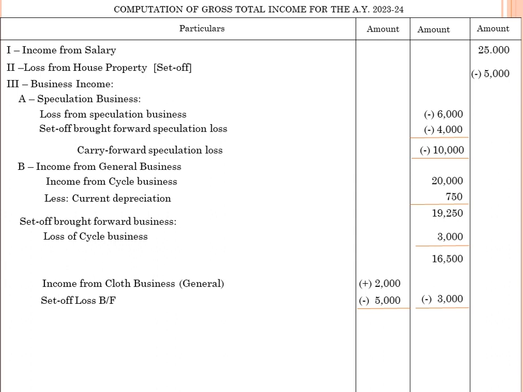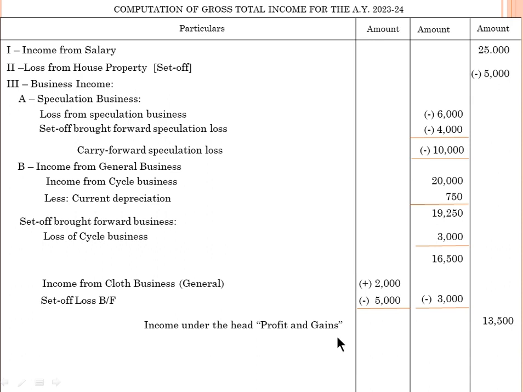That 3,000 cloth business loss we need to adjust with the cycle business income of 16,500. Why should we adjust? As per the provision of intra-head set off, we should adjust. So what is the remaining balance? The balance 13,500 we call the income under the head profits and gains of business.